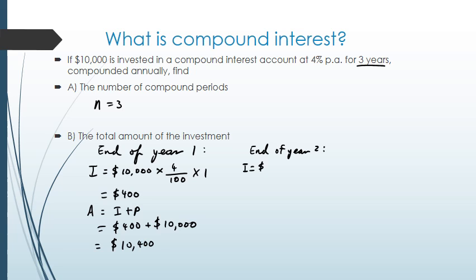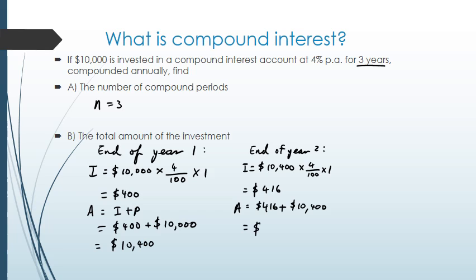So that means for our interest, we have $10,400 to begin with. Let's find the interest that you earn for that year. Doing the same thing, which then gives you 416. Then the total amount we earn would be our interest, which is 416, adding on with our principal amount, which was $10,400 for this part.